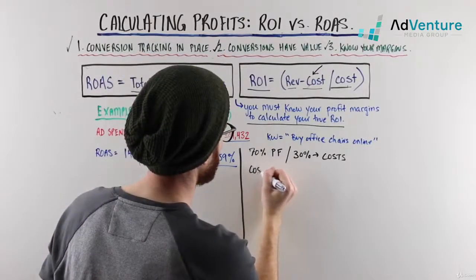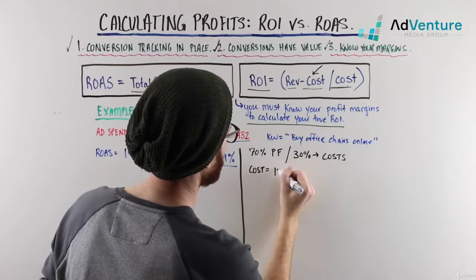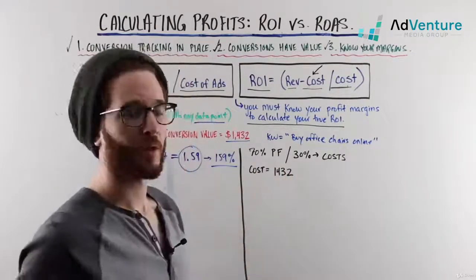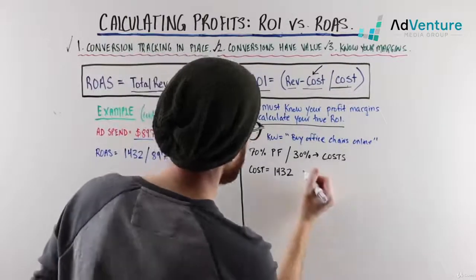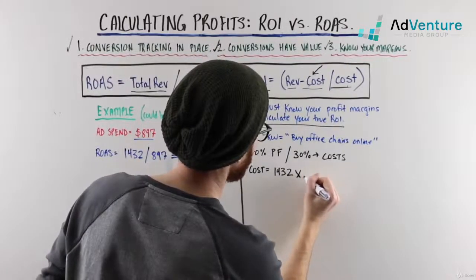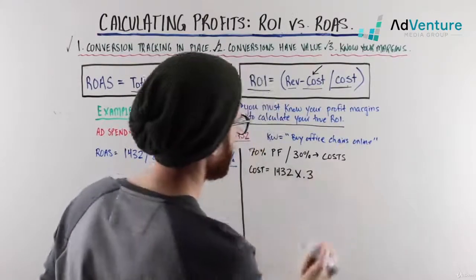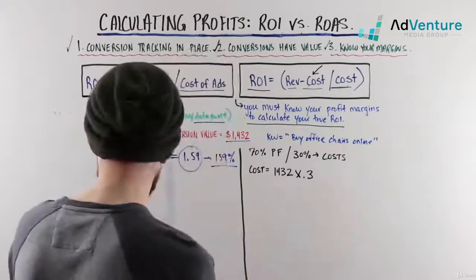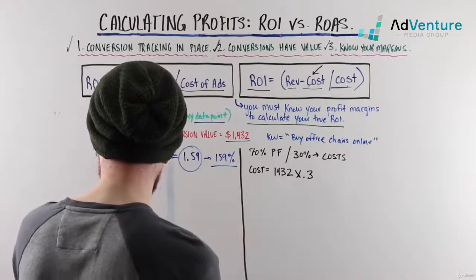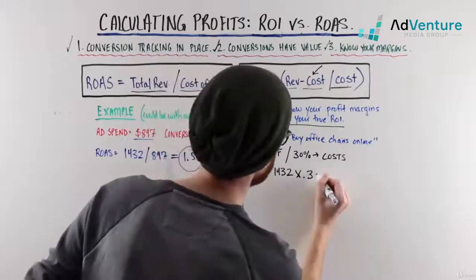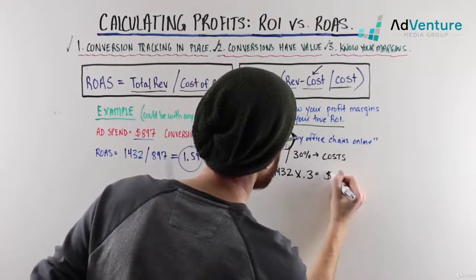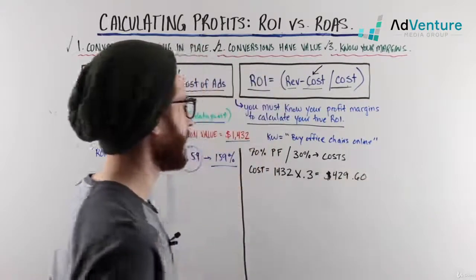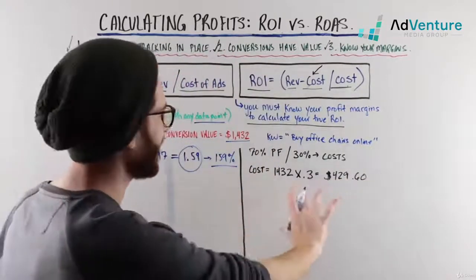So cost equals $14.32, which is our total revenue, multiplied by 0.3, because 30% is our cost. So what's 14.32 multiplied by 0.3? That comes out to, and once again you can check it up, 4.296, roughly $4.30. Okay? So it might look complicated, but it's very simple.